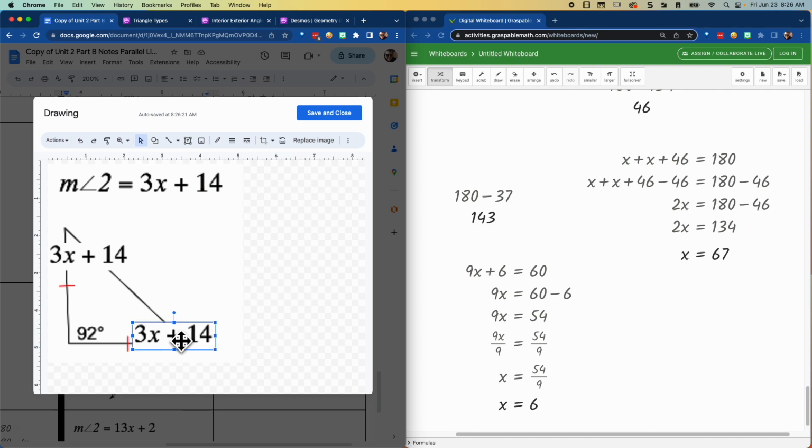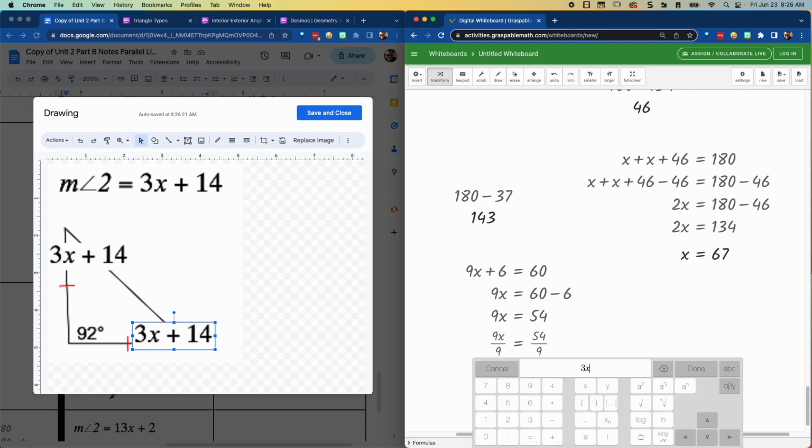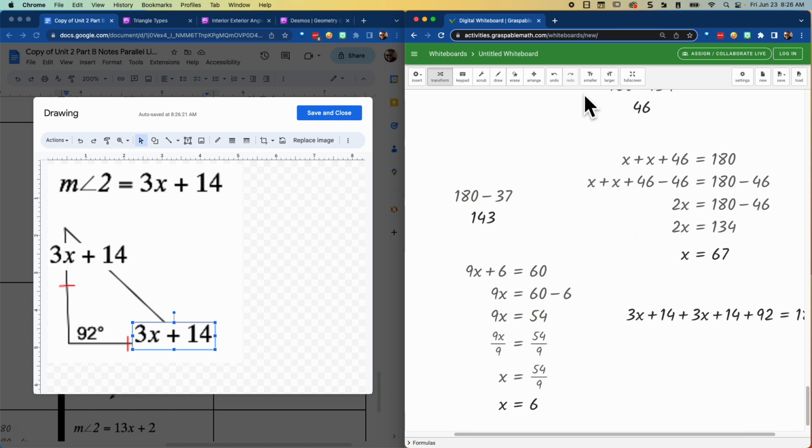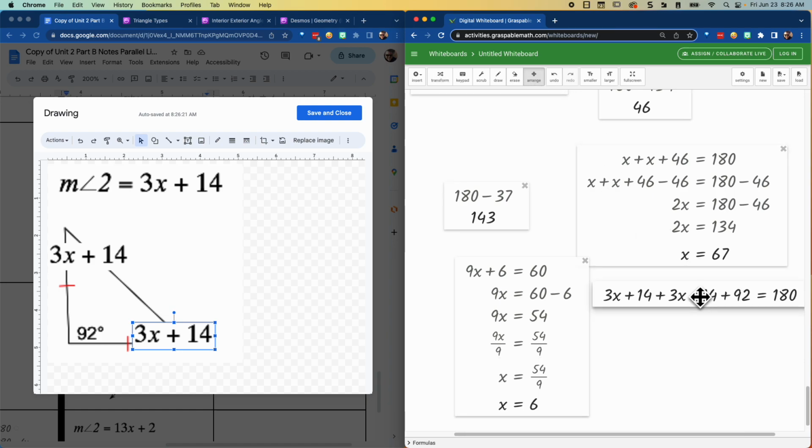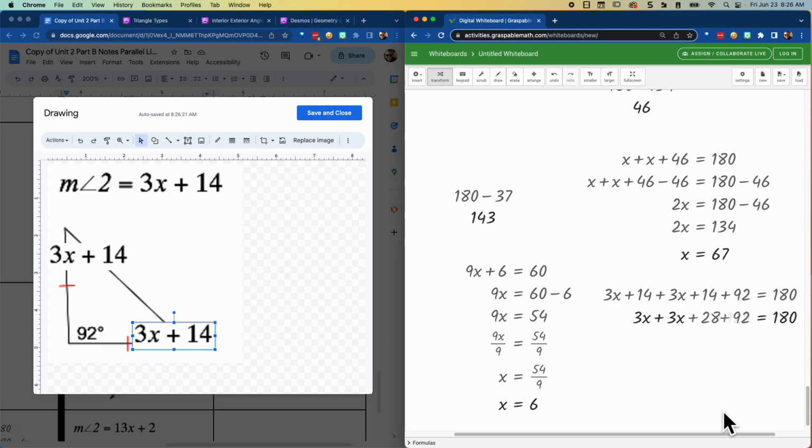So I have 3x plus 14, 3x plus 14, and 92. Those three together make a triangle. So 3x plus 14 plus 3x plus 14 plus 92 equals 180. So that's the setup for the equation. Then you just have a lot of combining like terms. I can combine the 14 with the 14, combine those two constants, and combine those two variable terms.